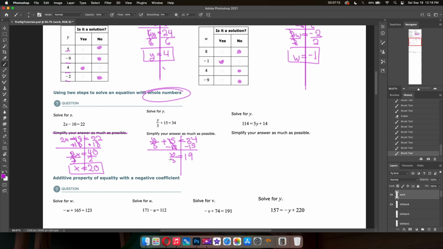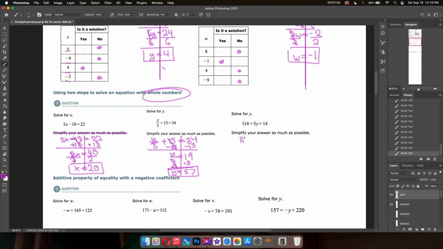And now this one is not multiplication. It looks like a fraction. Fractions mean division. So this is division. What's the opposite of division? Multiplication. Times 3, times 3. Y equals 57.